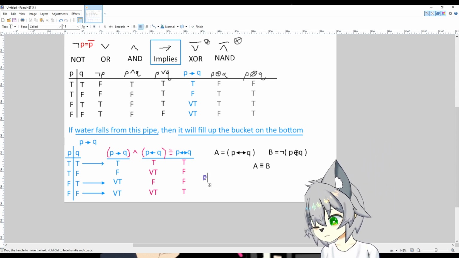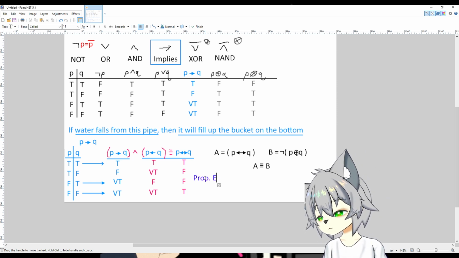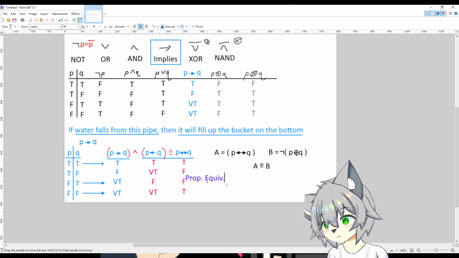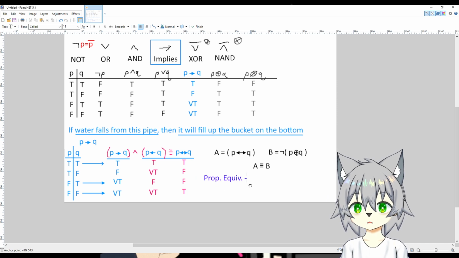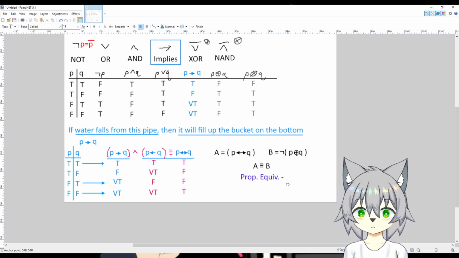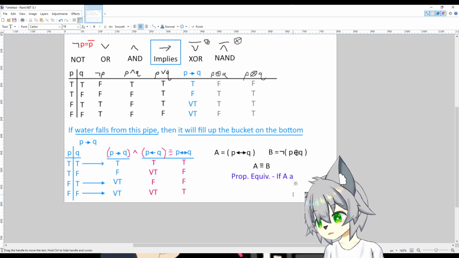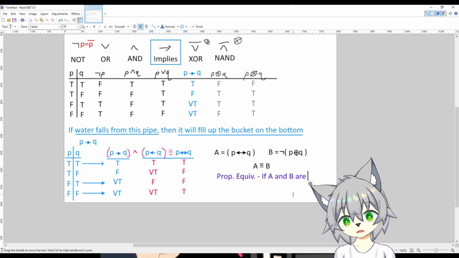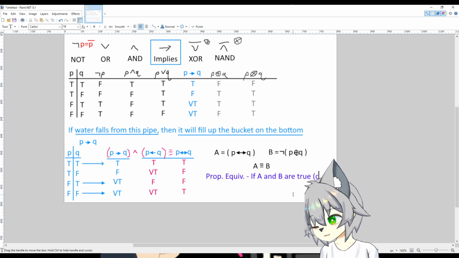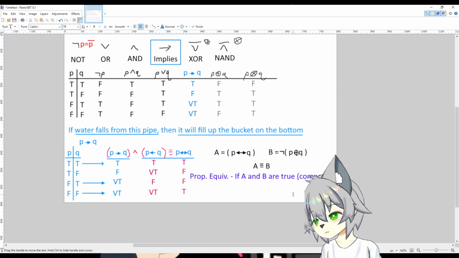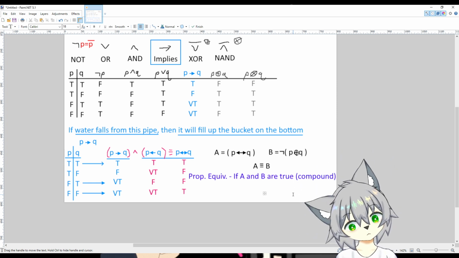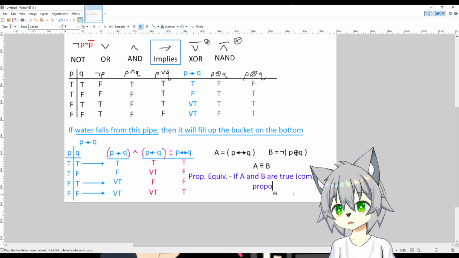Propositional equivalence is effectively if A and B are compound propositions.